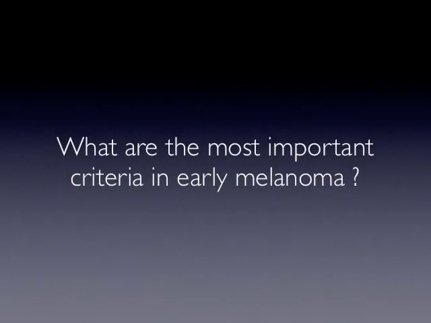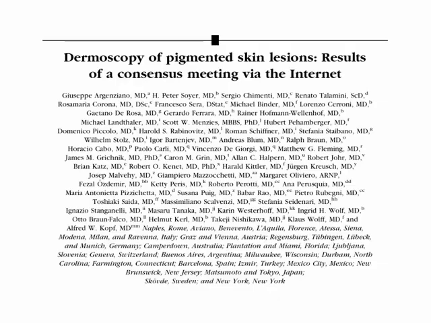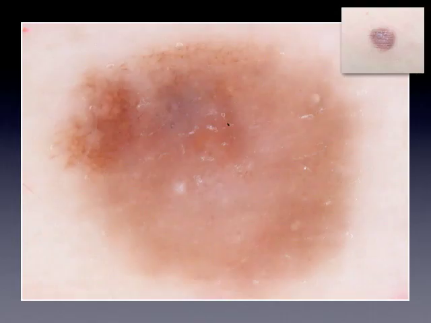But now the question is, what are the most important criteria we can visualize in early melanoma using dermoscopy? Well, it was Peter Sawyer who first recognized at the time of the consensus net meeting that there are at least three criteria which are the most common ones in early melanoma.